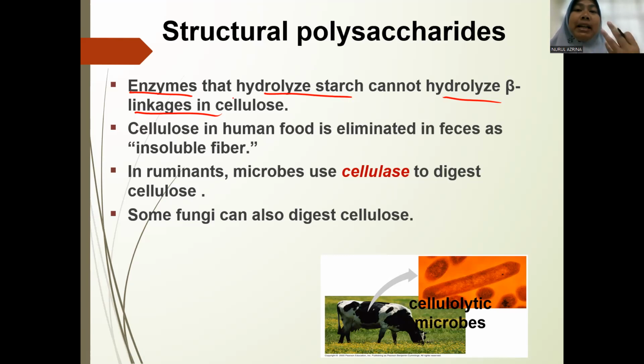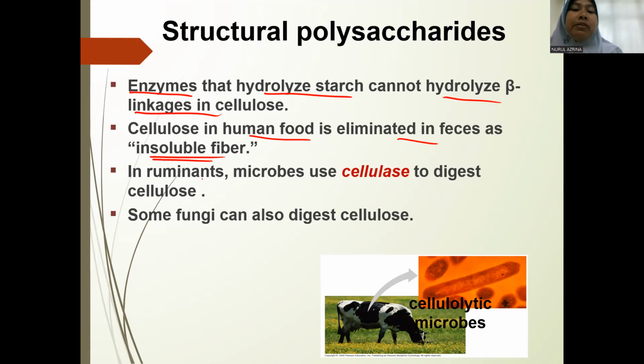Tapi kalau kita makan like macam haiwan ke, kalau kita tengok dia makan apa, dia akan keluarkan balik. Right, macam musang kan, dia makan biji apa tah, dia keluarkan balik biji kopi tu, macam tu. Right, okay. Cellulose in human food is eliminated in feces as insoluble fiber. So cellulose yang kita makan akan dikeluarkan dalam feces sebagai fiber yang insoluble, tidak terlarut.